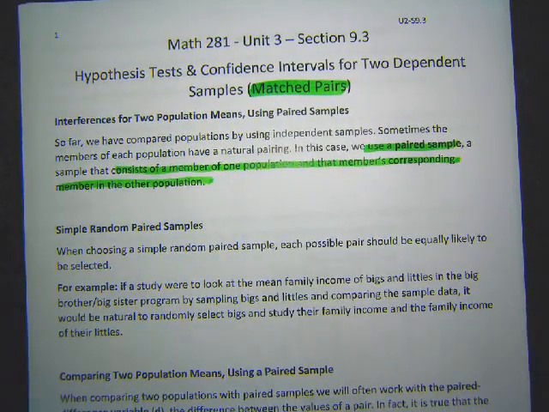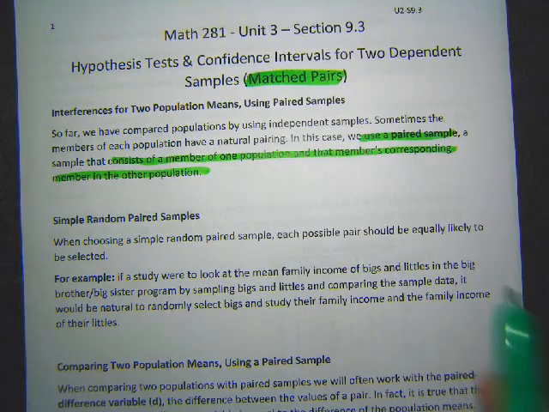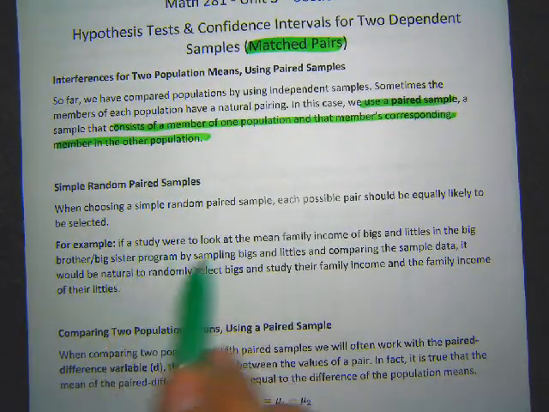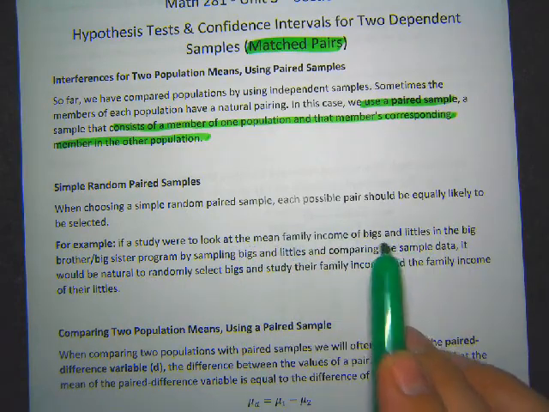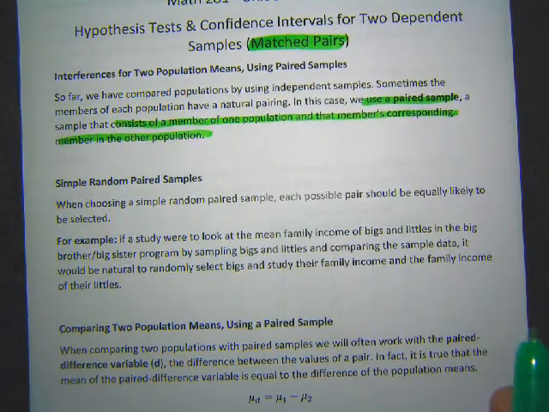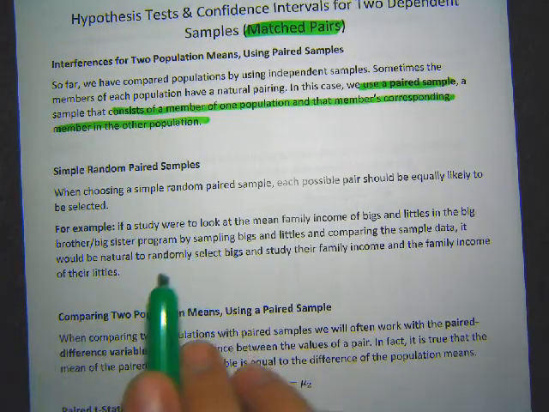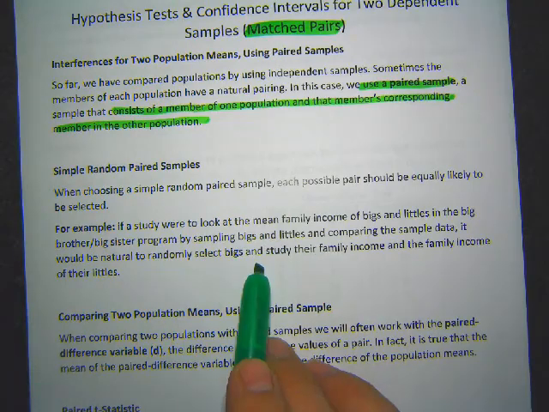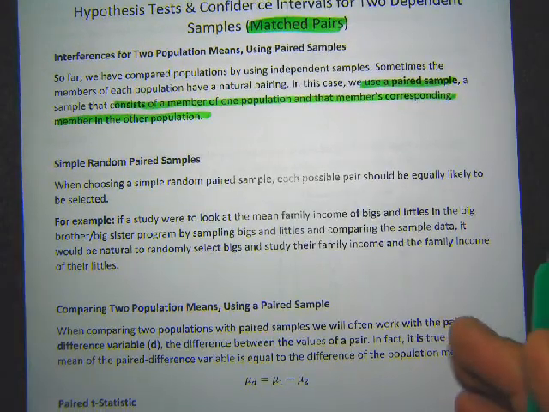Now, when we choose simple random paired samples, every possible pair should be equally likely. Typically what that's going to look like is, if you were doing a study looking at the mean income for bigs and littles in the Big Brother, Big Sister program, you would randomly choose bigs that you would look at and then study their income, and then just study their corresponding little that they are tied together with.